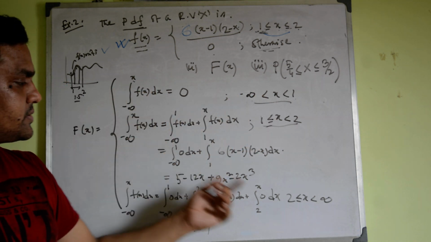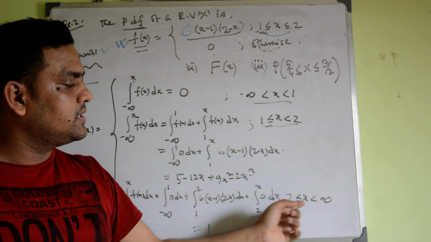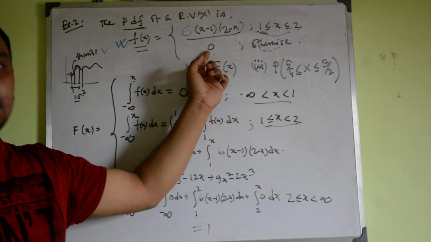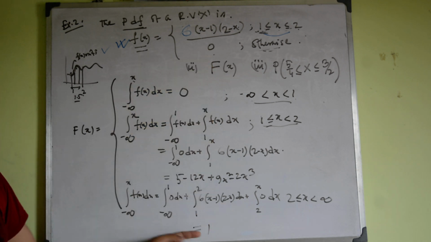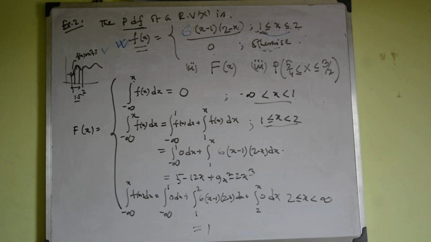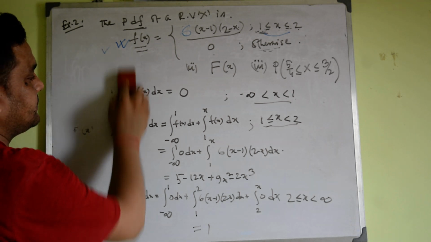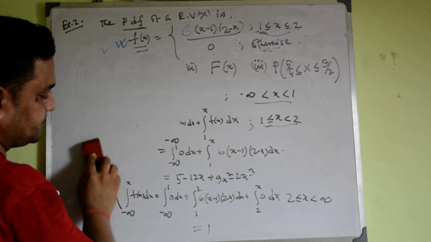Since x is in 2 to infinity, within that interval the value is 0, so you put 0 here and finally you get 1. In that way you can calculate the distribution function for a continuous distribution using the probability density function. So that is our distribution function.